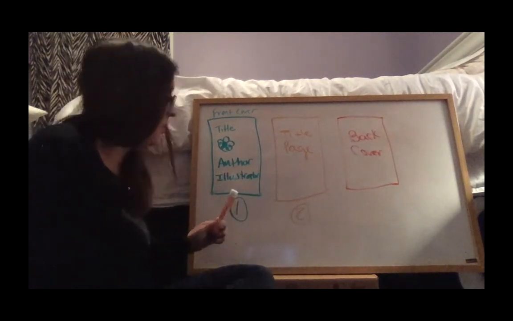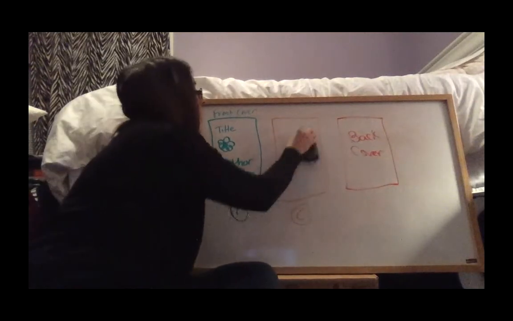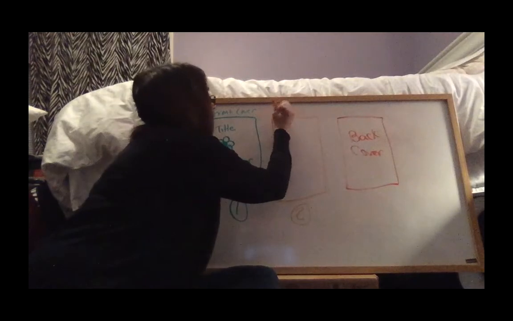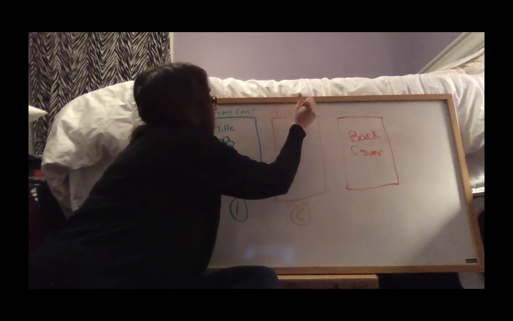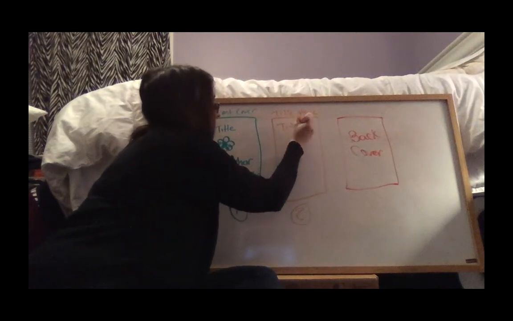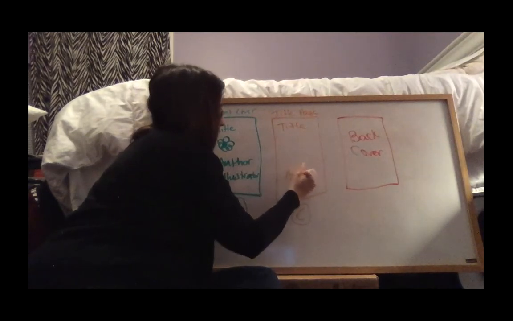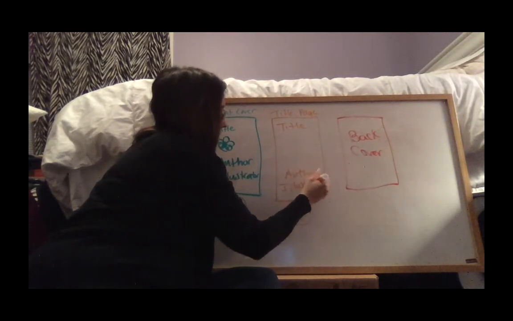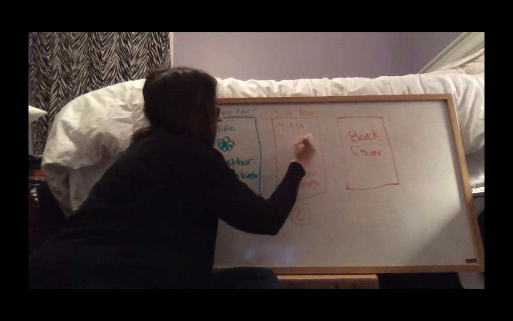This is going to help y'all when you go to gluing your stuff on. All right, title page. We have the title of the book, author, and illustrator. Those are a lot alike. Picture.